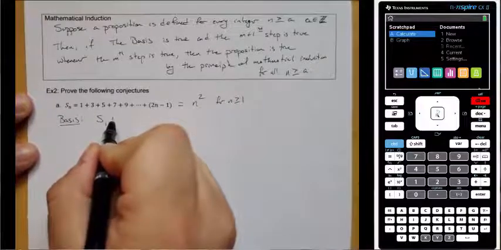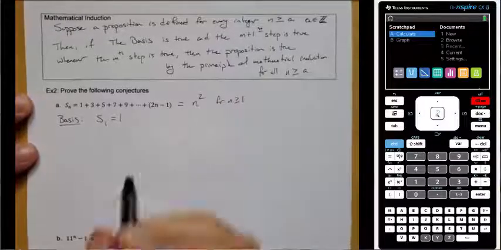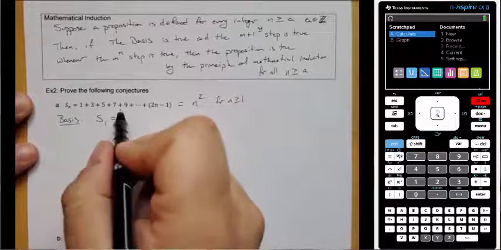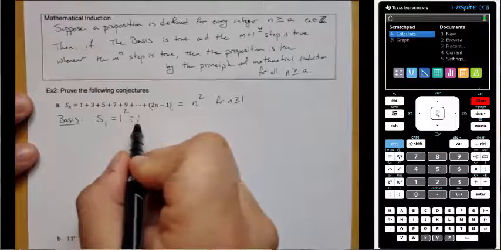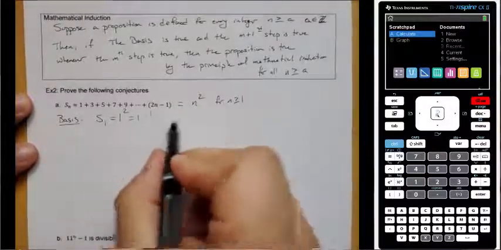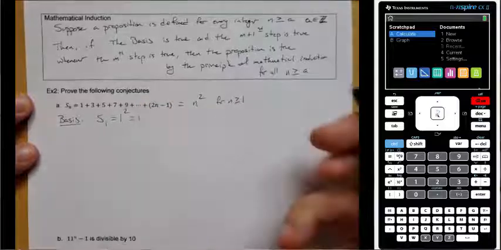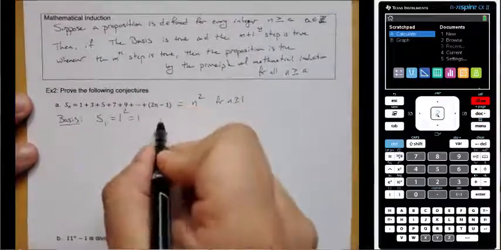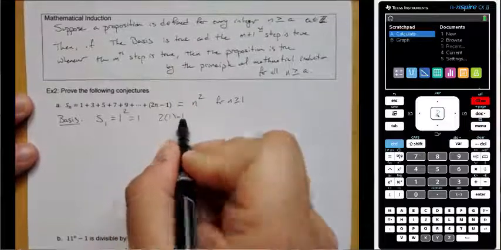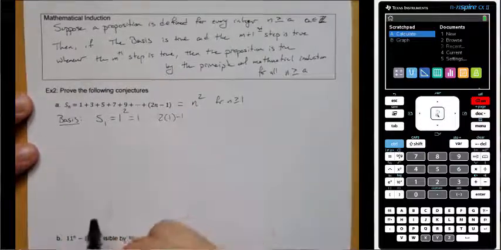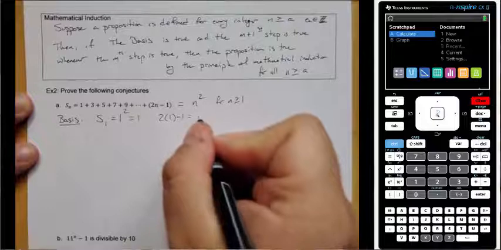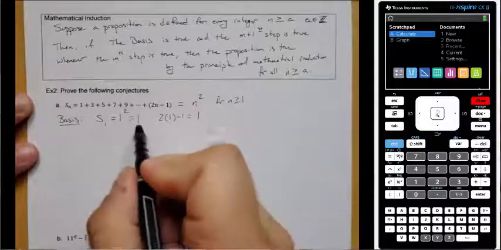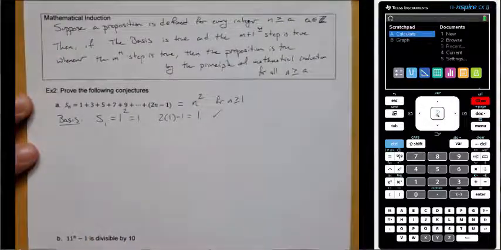That is, we think the sum should be 1 squared, which is 1. And by plugging it into our formula, which says that this should be equal to 2 times 1 minus 1, because it's the first case, plug in 1. 2 times 1 is 2, 2 minus 1 is 1. 1 equals 1, the basis holds.